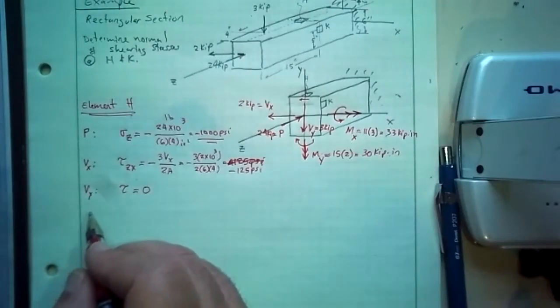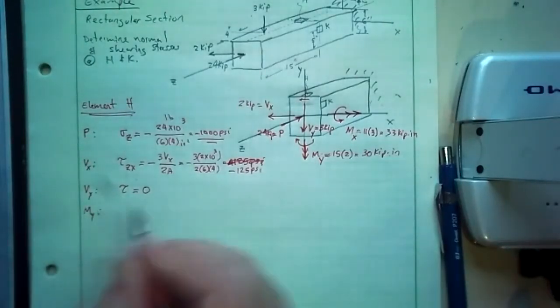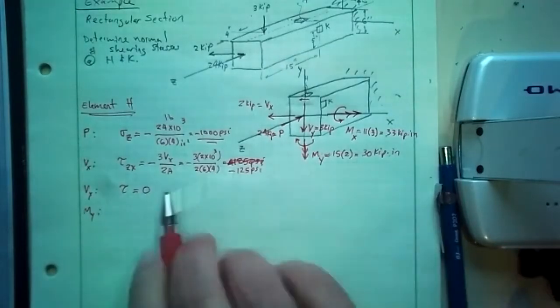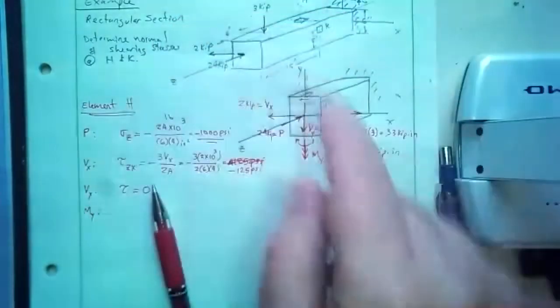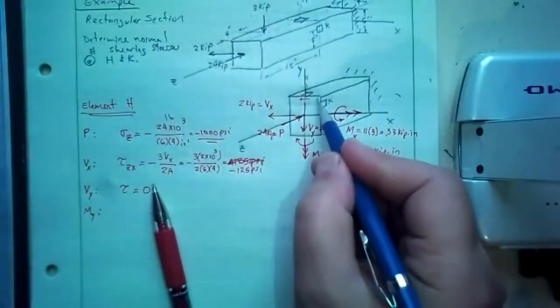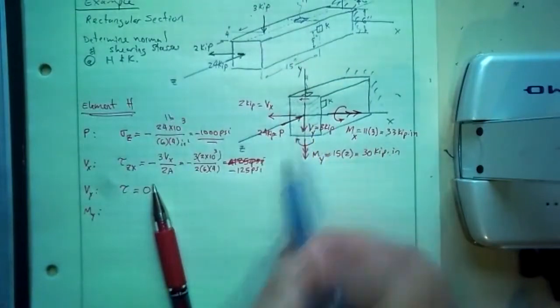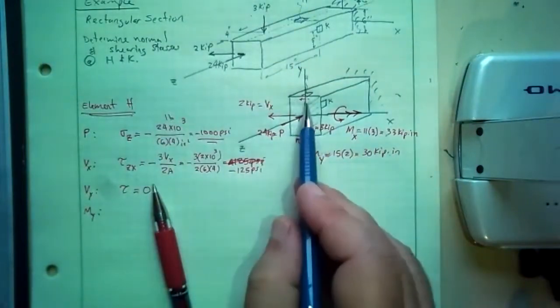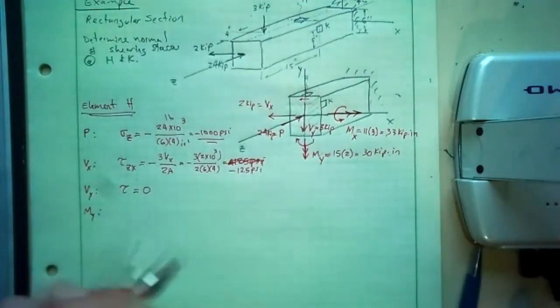Next, I'm going to look at My. Let's just do My next. So it's bending. It's going to bend this entire beam this way. So this half will be in tension. This half will be in compression. And this is at the centroidal axis, neutral axis, and therefore there's no stress.